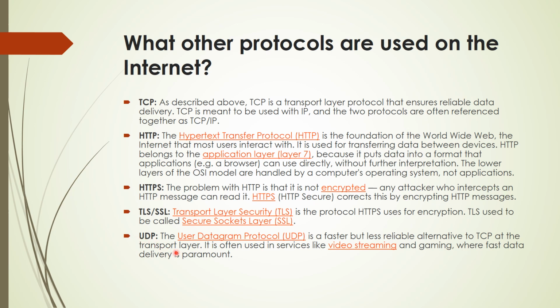Then UDP, the User Datagram Protocol. It is a faster but less reliable alternative to TCP at the transport layer. UDP is usually used for video streaming and gaming where fast data delivery is paramount.